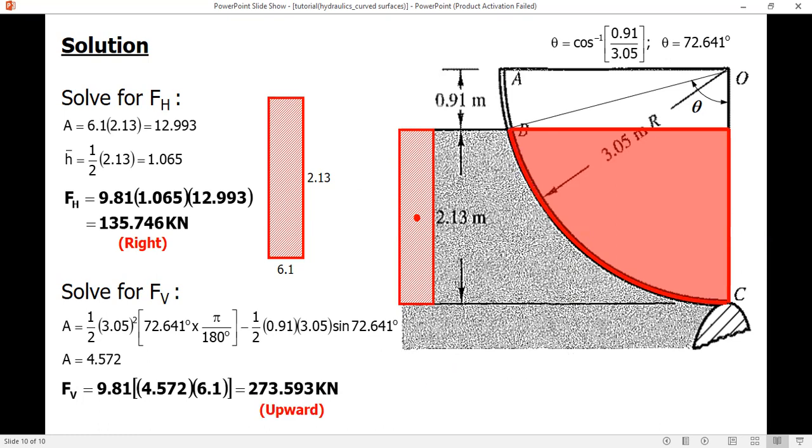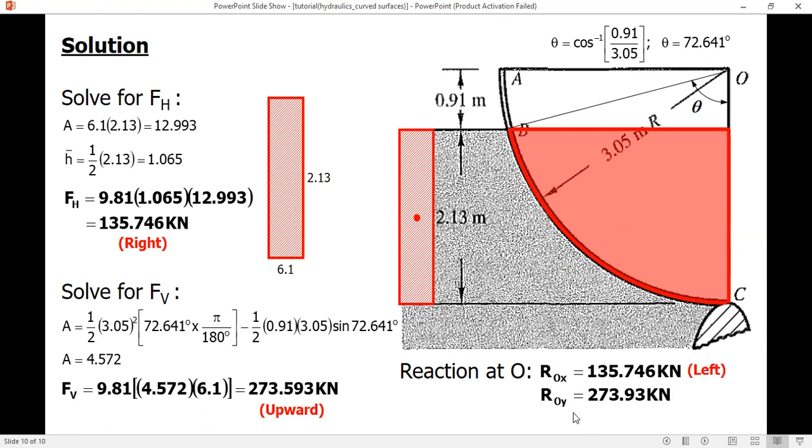So therefore, the reaction at the hinge O is just to balance. The horizontal component is directed to the right, so the horizontal component of the reaction at O must be directed to the left. And since the vertical component of the hydrostatic force is upward, the vertical component of the reaction is downward. This is left, and the vertical component is downward.